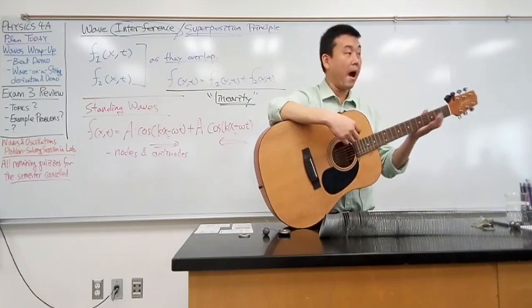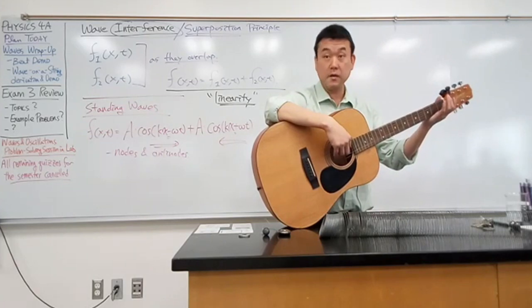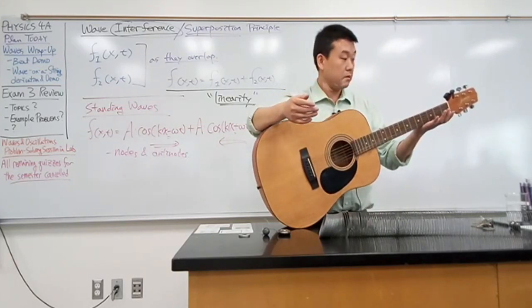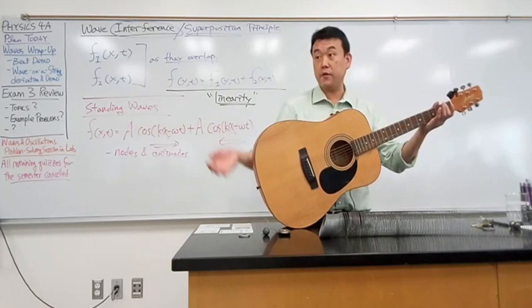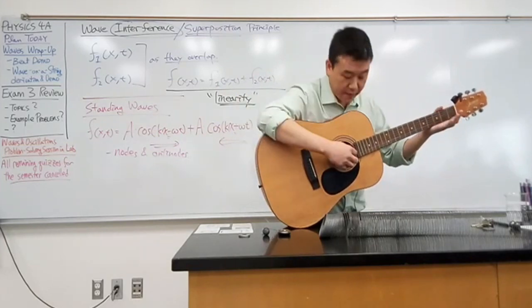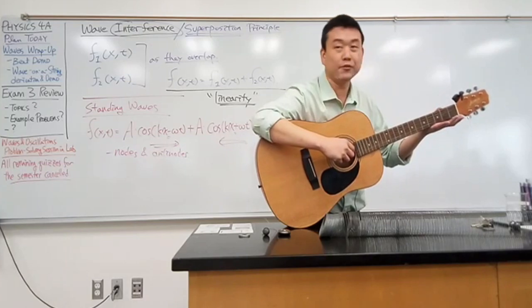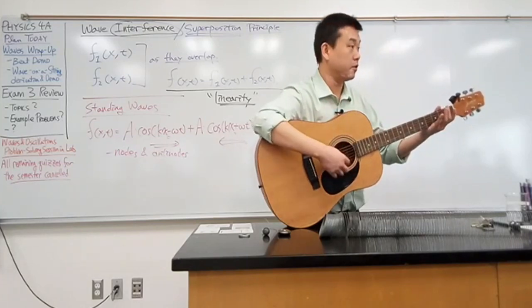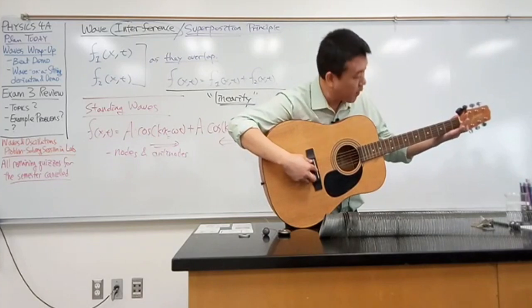That's associated with the string vibrating at a particular frequency. Why does it vibrate at that particular frequency and not some other frequency? Because when I pluck this string, the most natural way it would vibrate is at a frequency that forms a standing wave on this string.